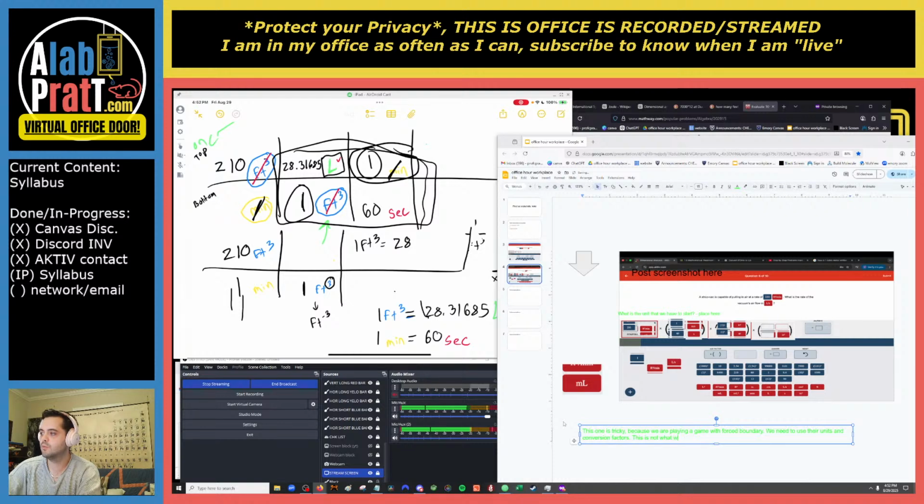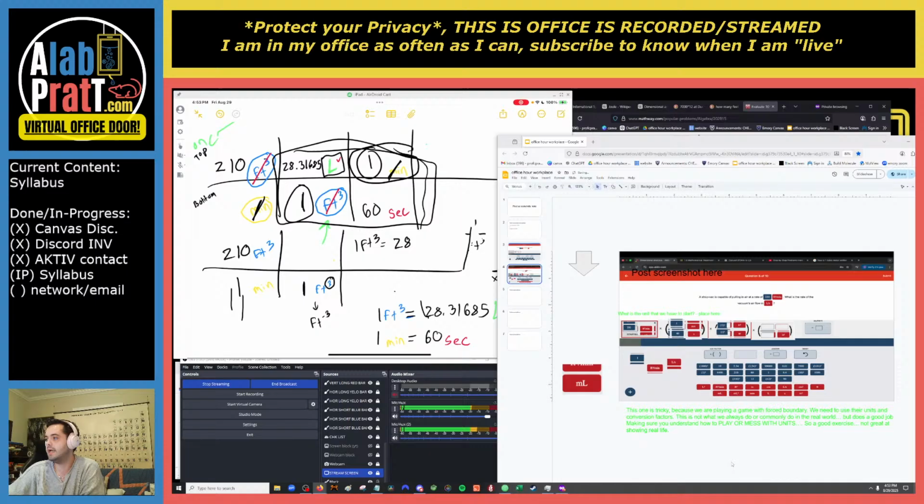This is not what we commonly do in the real world, but it does a good job making sure you understand how to play with units. So it's a good exercise, not great at showing real life. Before you leave, Kemya, do you have any questions? I think this is a tricky question, but it's tricky because it's not how we would really approach it. It's forcing you to mess around with it.